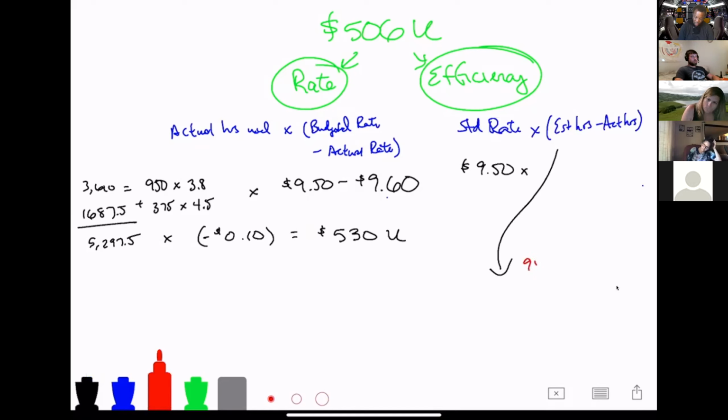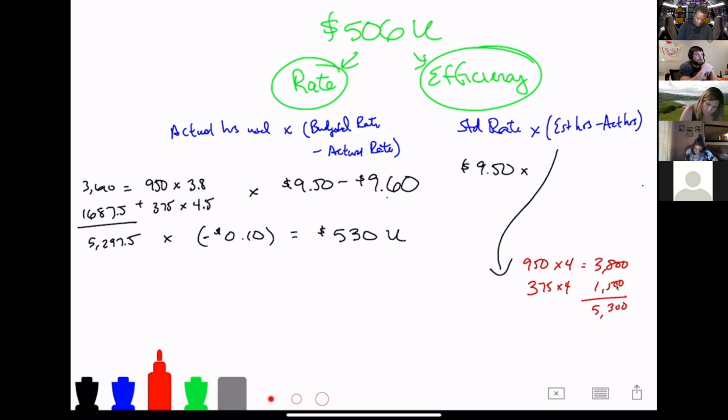If we're doing 950 bicycles times 4 hours, and 375 tricycles times 4 hours, we would have expected to spend 3,800 hours on bicycles and 1,500 hours on tricycles. That's a total of 5,300 hours.